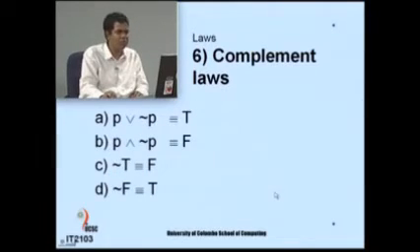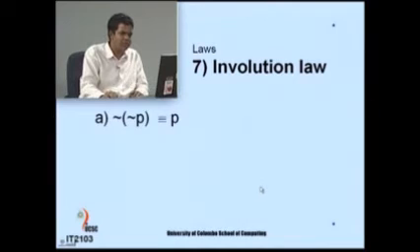Next, we have the complement laws, which say that P or not P is always true, and P and not P is false. Something which is not true obviously has to be false, and similarly something which is not false has to be true. Then we have the involution laws, which say that not (not P) is equal to P. It's like the concept of double negation.